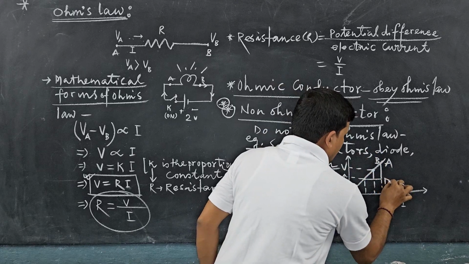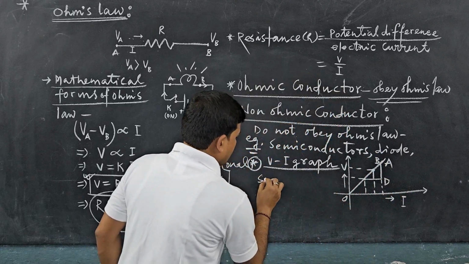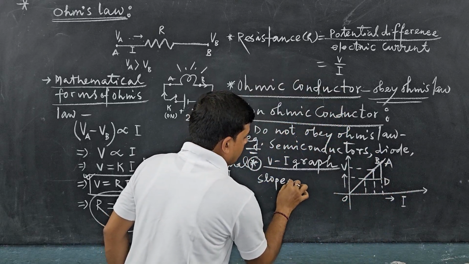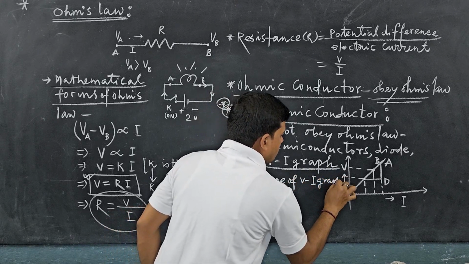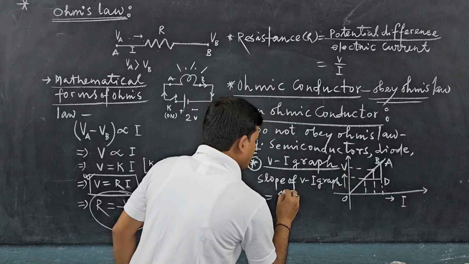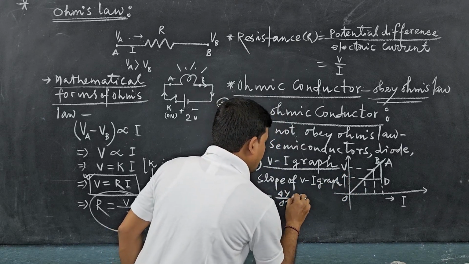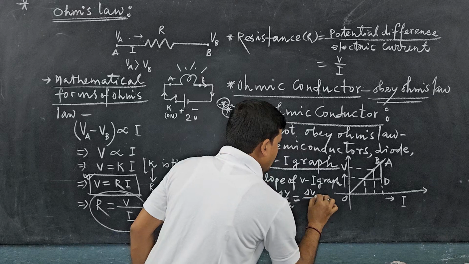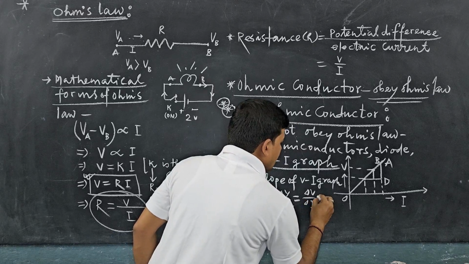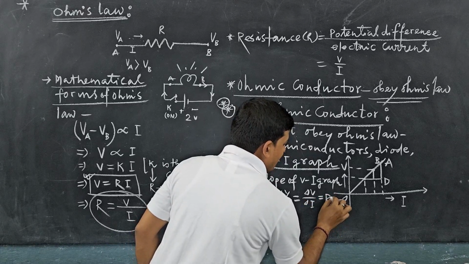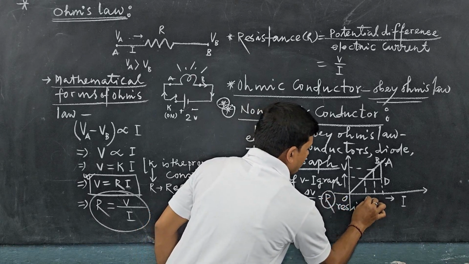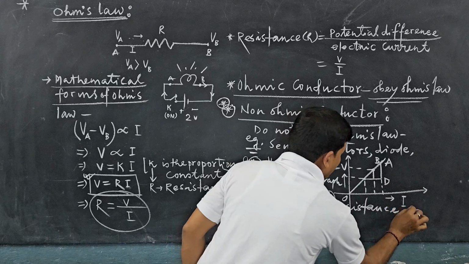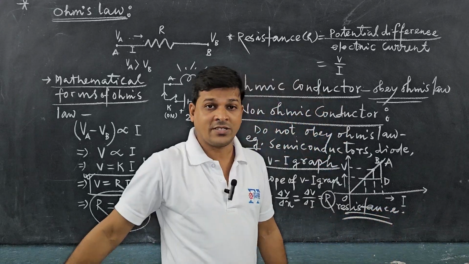What will be the slope of the VI graph? Slope of the VI graph is equal to delta y by delta x, here delta V divided by delta I. This is equal to R, R for resistance. This is a very important question for your board exam.